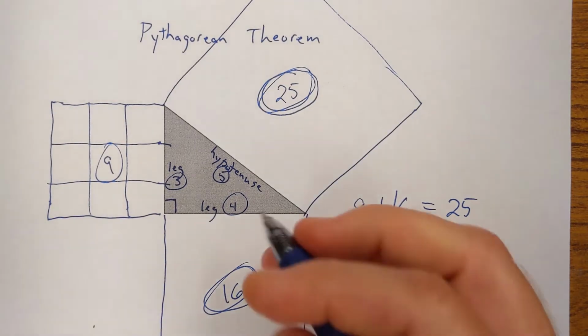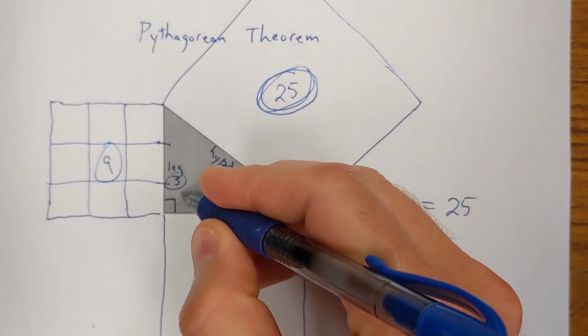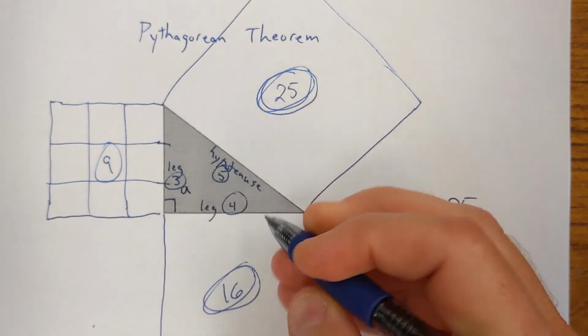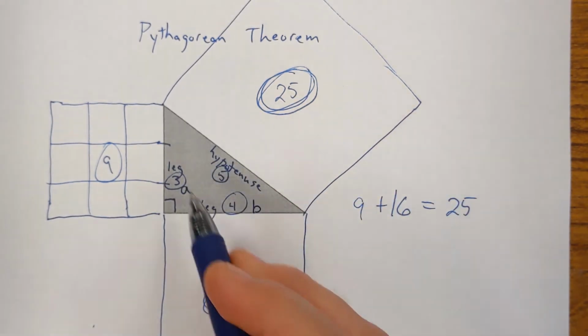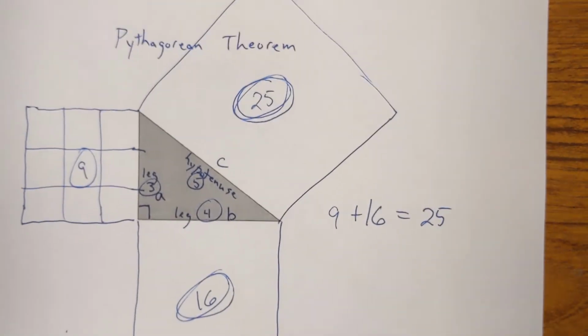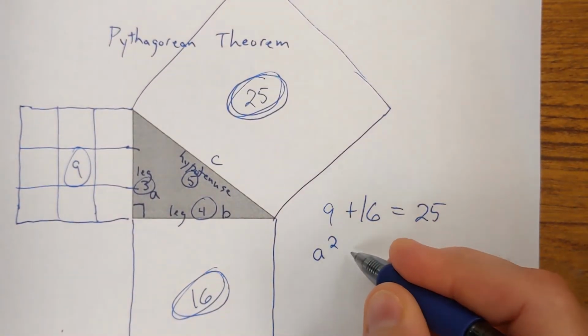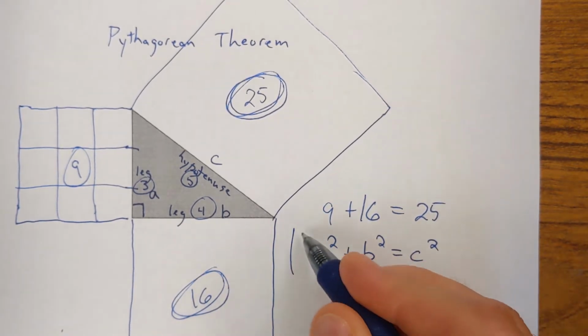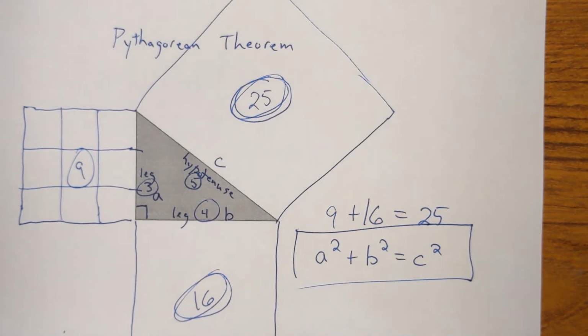The way we word this, one of our legs we'll call A, and the other leg we'll call B. It doesn't matter which one you call which. The hypotenuse we'll call C. And then here's the Pythagorean theorem: A squared plus B squared equals C squared. For any and all right triangles, that is always true.